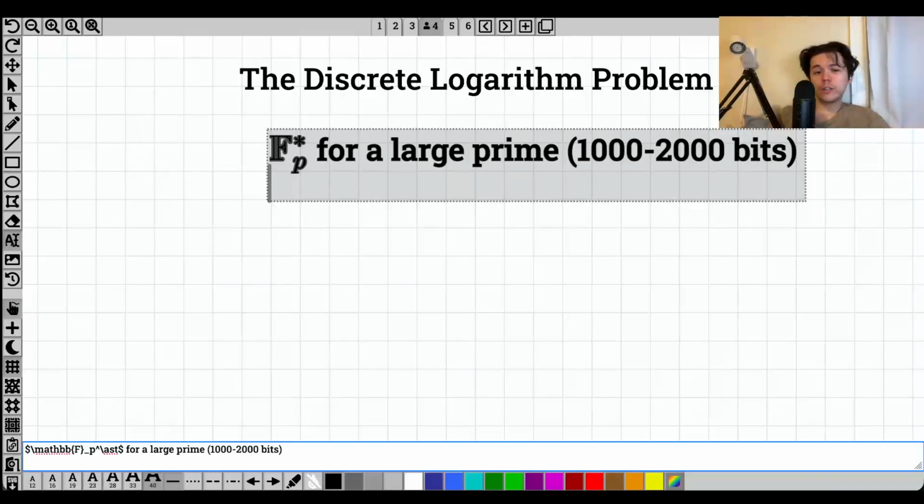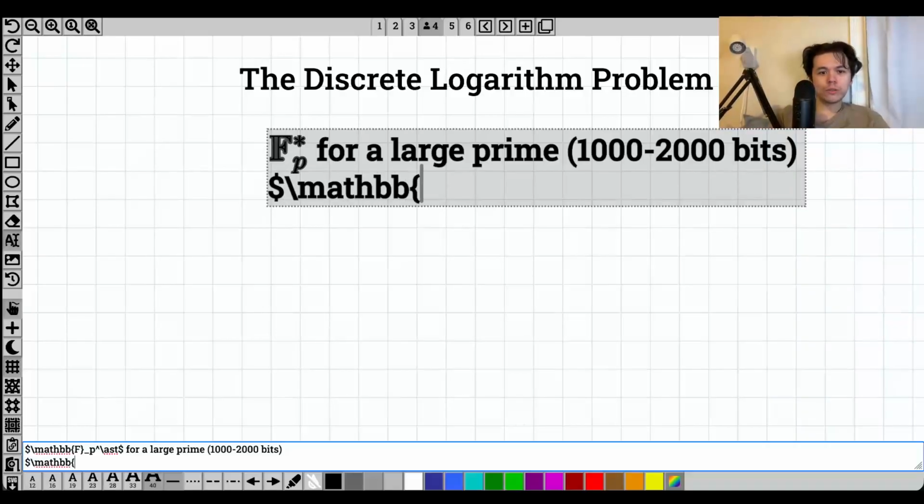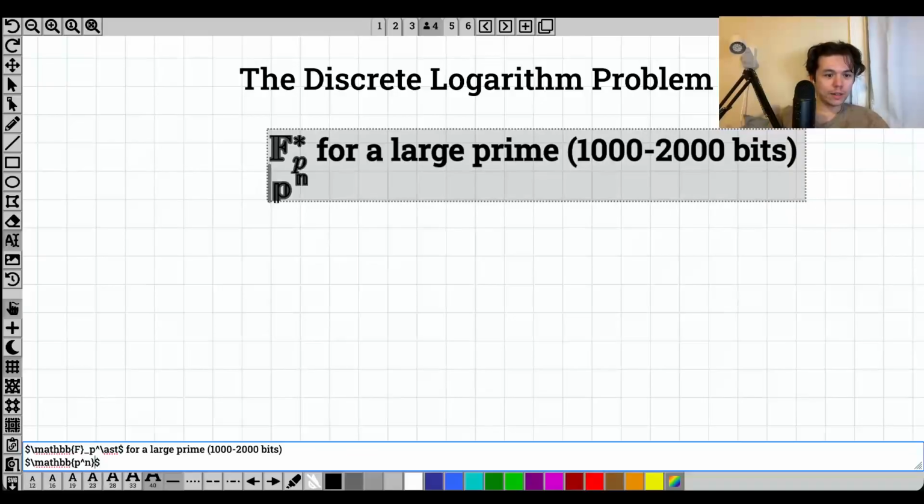And you generally work with integers modulo a prime. We don't do p to the n much anymore because there are various better attacks on this in cryptography.